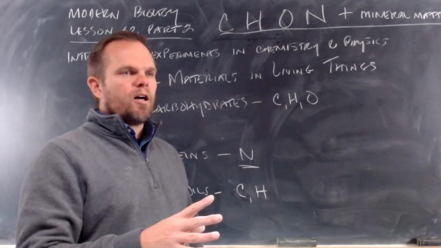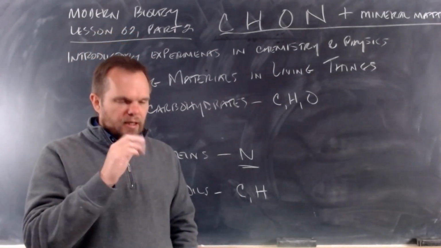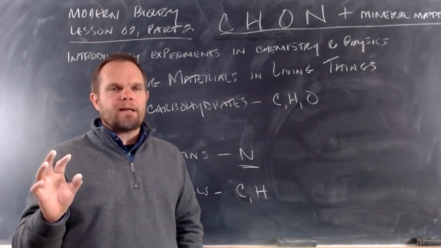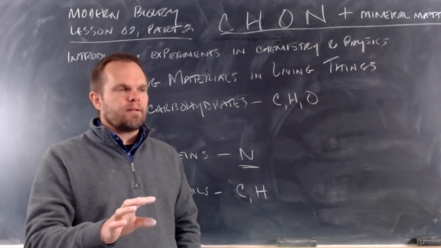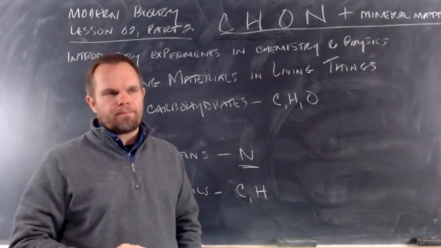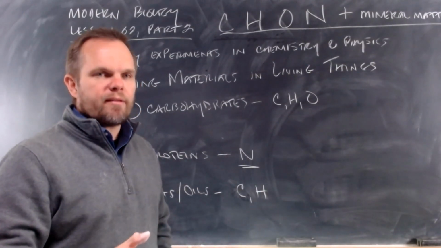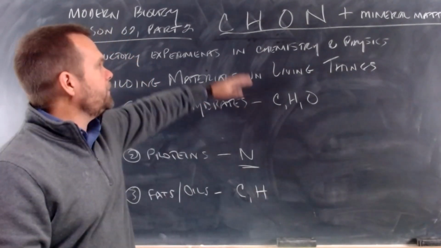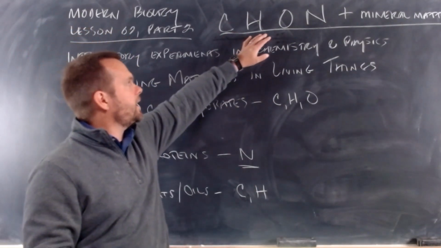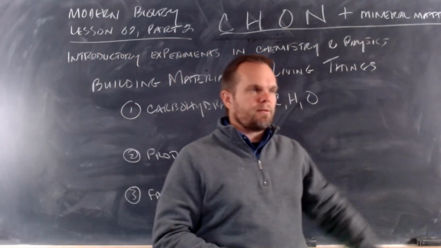We studied oxygen, carbon, and nitrogen. And we studied them just to see some examples of chemical elements that are important in the study of biology. Now we learned that the bodies of living things, the bodies that we study in biology, are made up of carbon, hydrogen, oxygen, nitrogen, and other minerals.